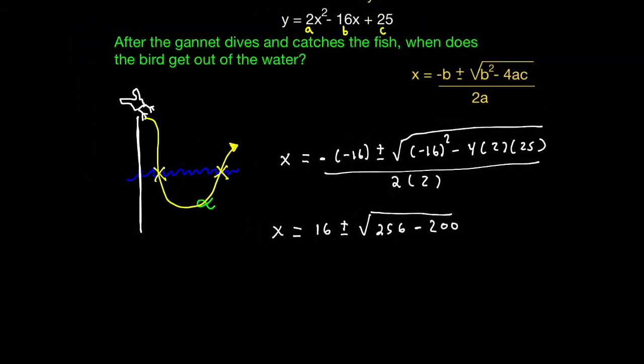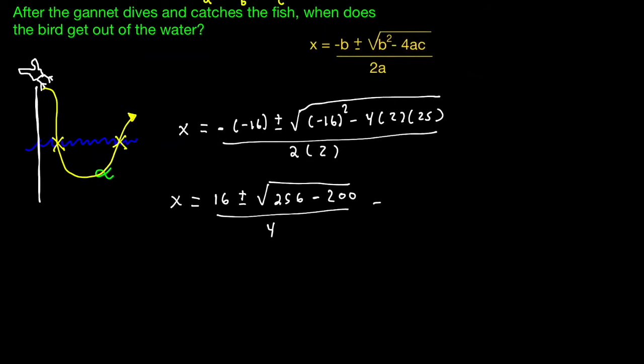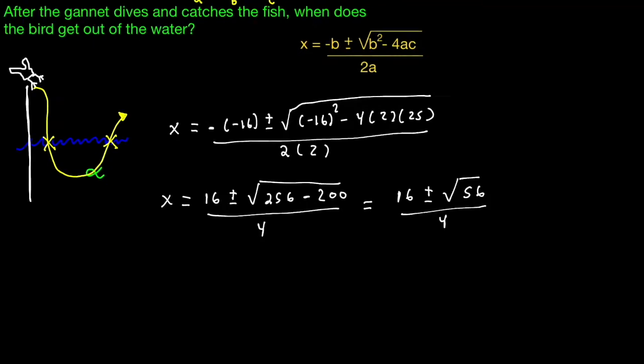And that's going to be over 2 multiplied by 2, which is 4. Okay, so here we now have 16 plus or minus the square root. And 256 minus 200 is going to give me 56. And then we still have the 4 on the denominator.